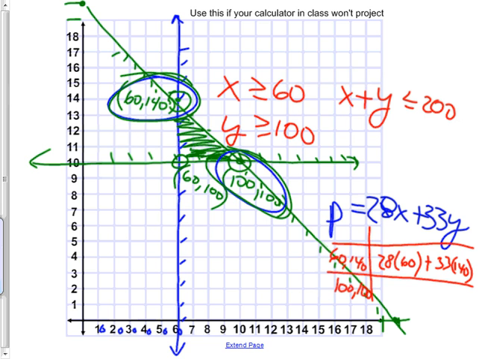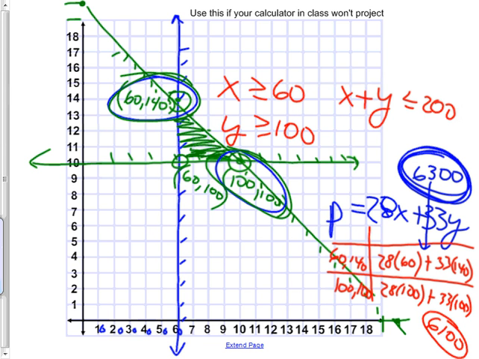And this will be 100 times 28. Oops, I should put the 28 first. Plus 33 times another 100. And that makes this 2,800 plus 3,300, which makes 6,100 for the bottom one. And this top one, somebody help me with the calculator part, 6,300.